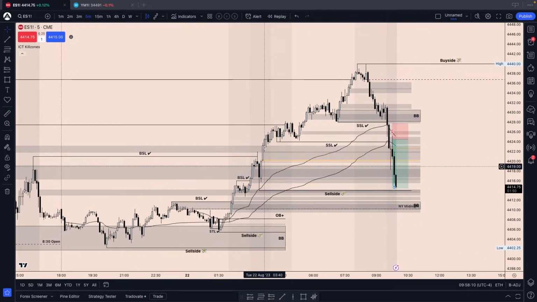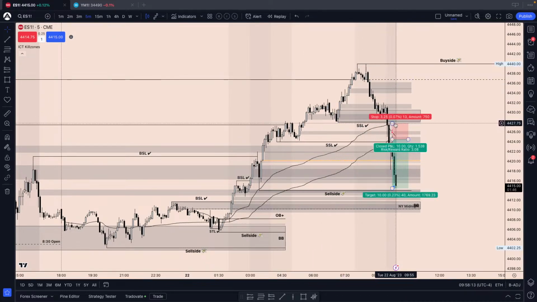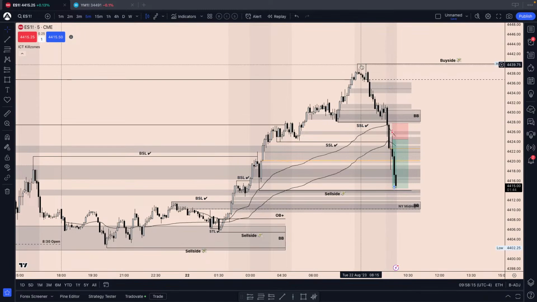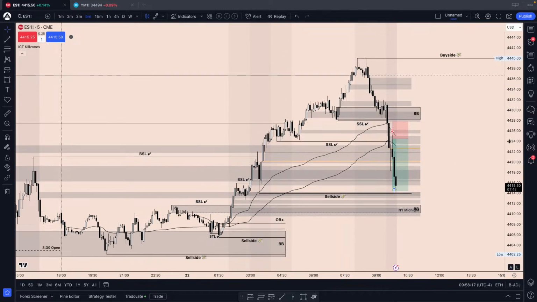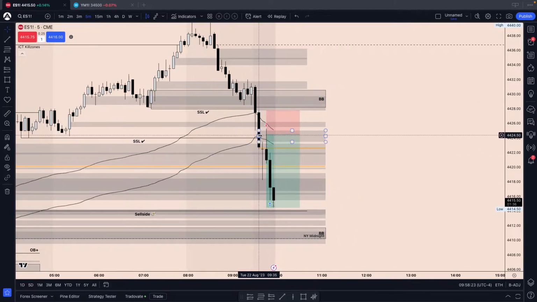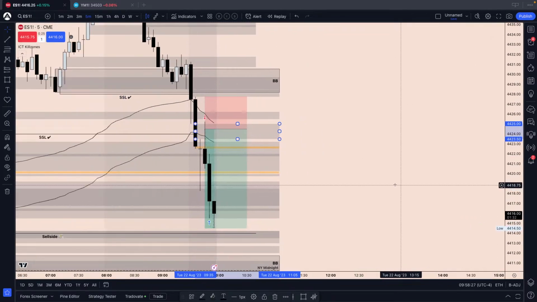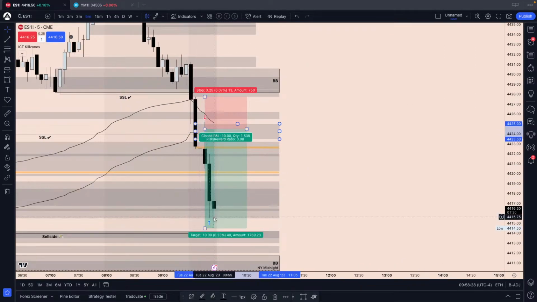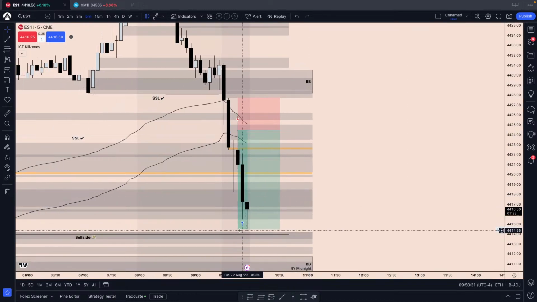We slowly walk our way up, shift market structure, SMT divergence at its peak. Unfortunately, we did not use that breaker block, inversion fair value gap, bearish fair value gap right here, but we only used that lowest discount that we had available. And I also entered on that one, yeah, for the continuation, and we even got 10 handles out of it.